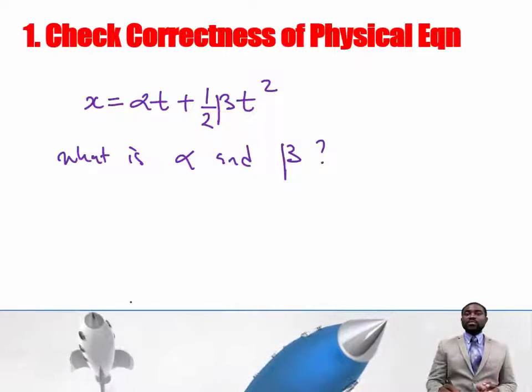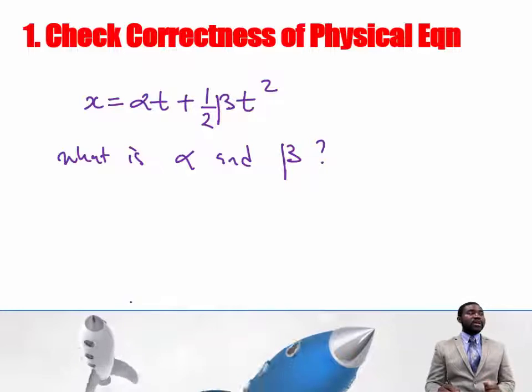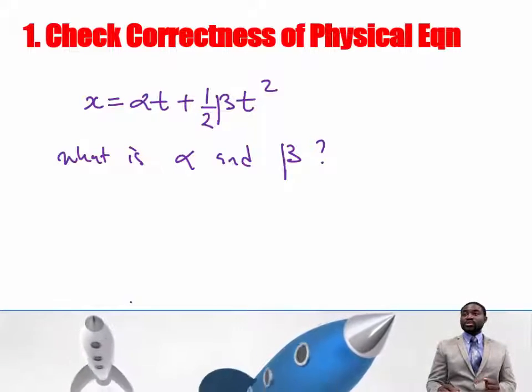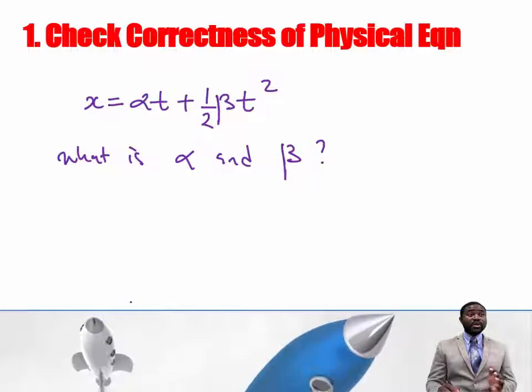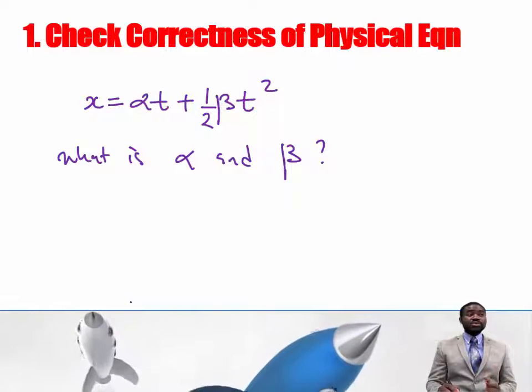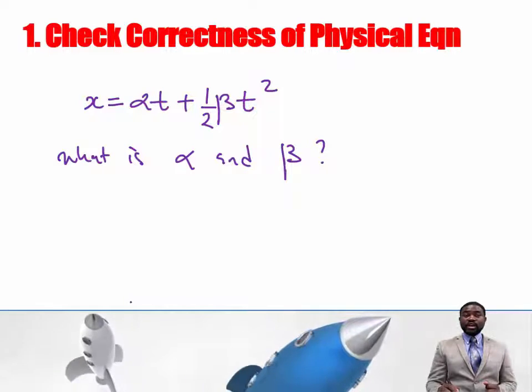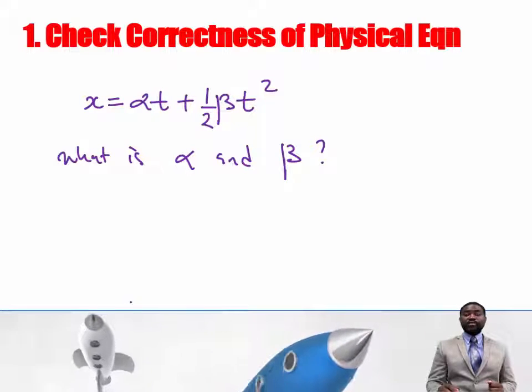In order to determine the identity of alpha and beta, you will use dimensional analysis. We know that we can only add or subtract two terms only if they have the same dimensions.